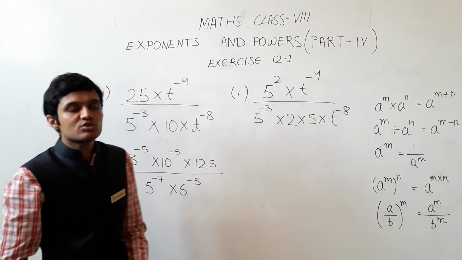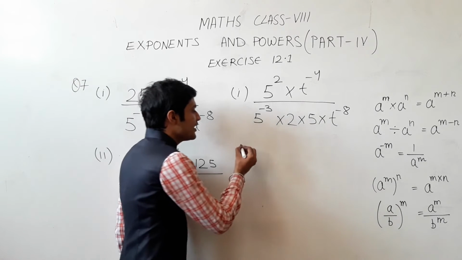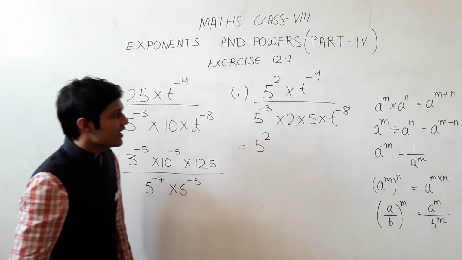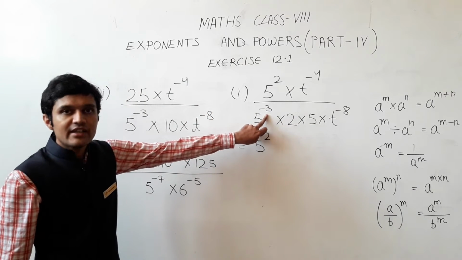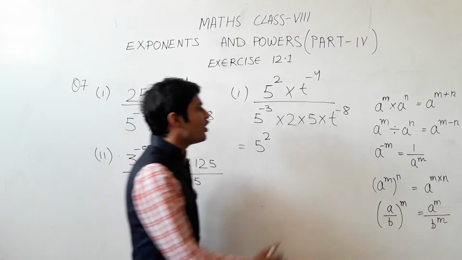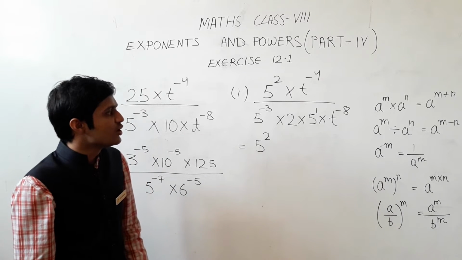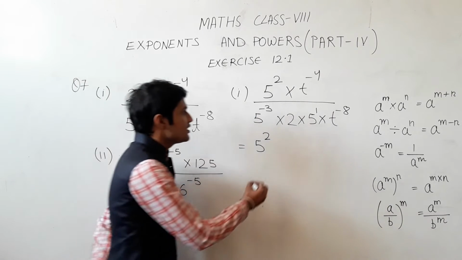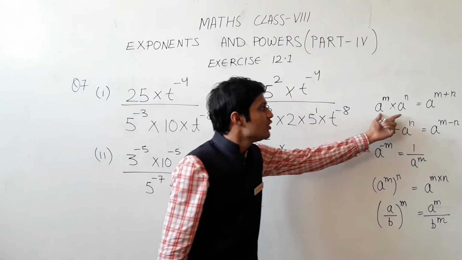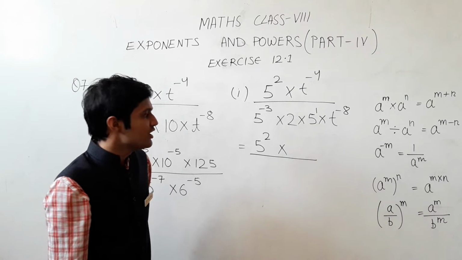Now use the laws of exponents to simplify this expression. What you can observe here is 5 in the denominator where one exponent is minus 3 and one exponent is 1. What does 5 mean? 5 means the exponent is positive 1. So use the law of exponents here: when the bases are the same, the exponents are added to each other.